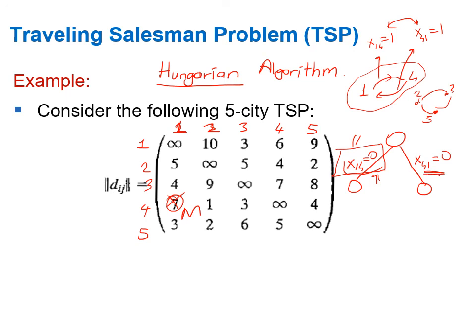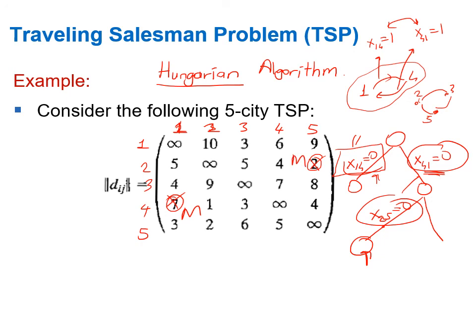Okay, let's say after that we decided to branch this one as well, and now we need to write x25 equal to 0. I need to eliminate that switch. What should I do? Since this branch includes this one and this one at the same time, I need to keep this M over here, and also I need to change the switch from 2 to 5 to big M at the same time.